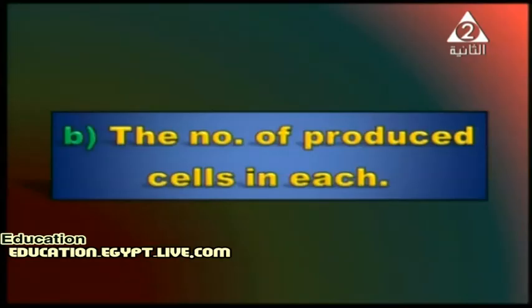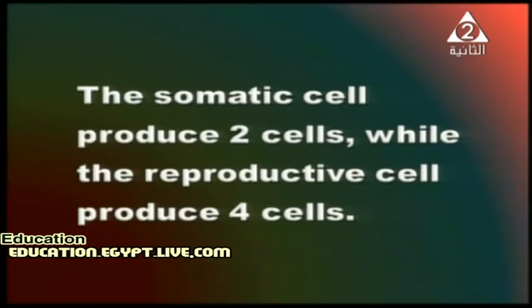The number of produced cells in each one. The somatic cell will produce 2 cells by mitotic cell division, while the reproductive cell produces 4 cells by meiotic cell division.